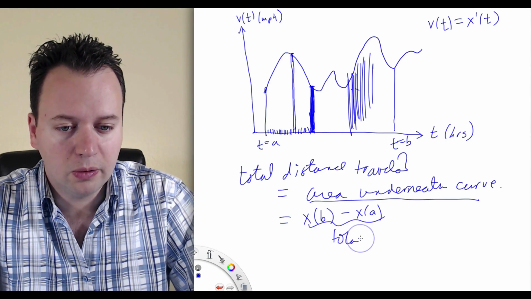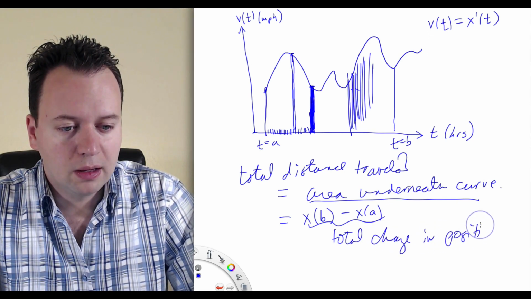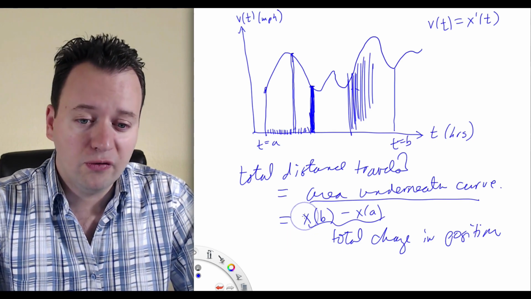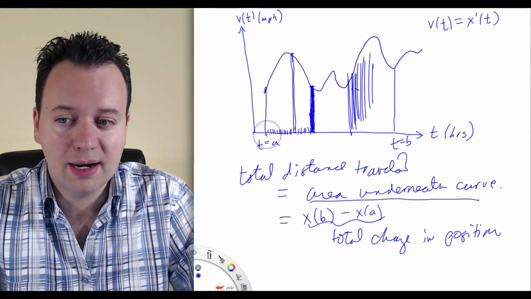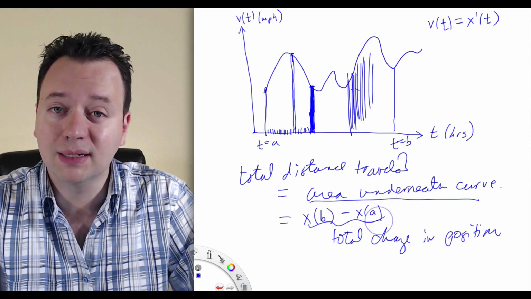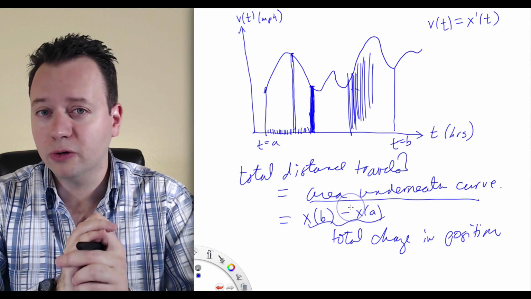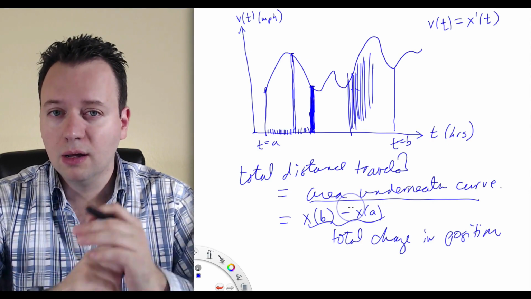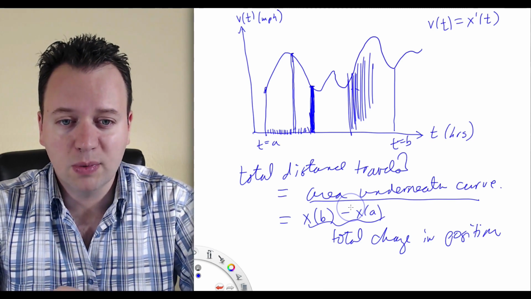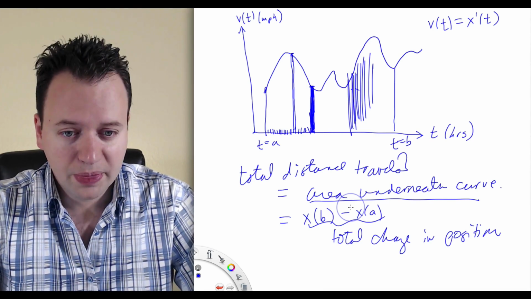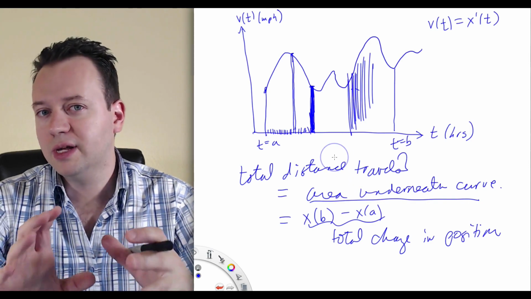So this is the total change in position, which is equal to the antiderivative of v evaluated at b minus the antiderivative of v evaluated at a. In other words, it's x of b minus x of a. And that's basically the heart of the fundamental theorem of calculus right there. And we'll get into much more depth on the fundamental theorem and what all this means in future lectures, but that's basically the essence of it. And if you understand that, you basically understand what it means.